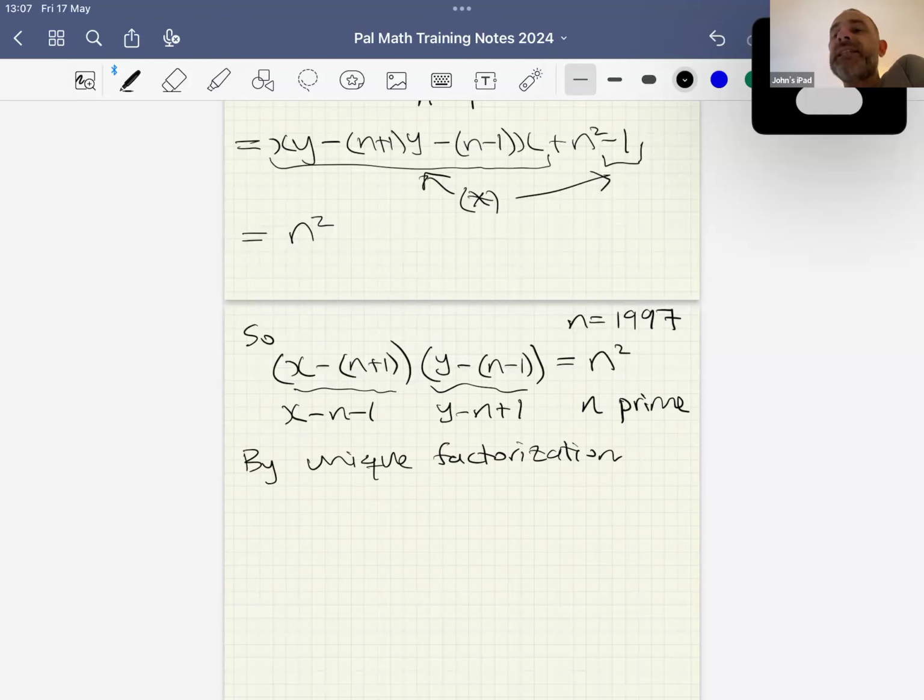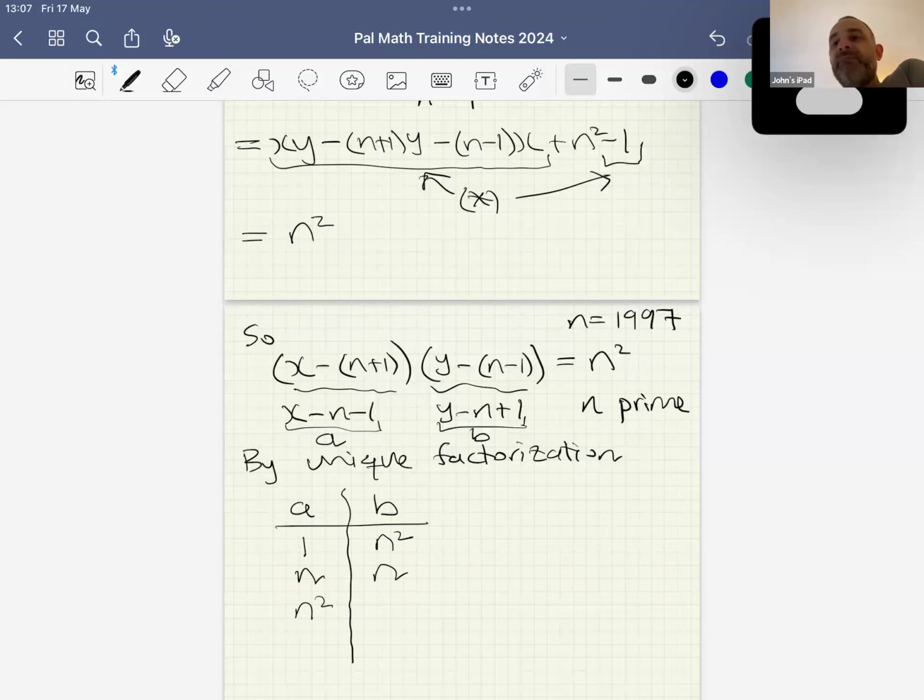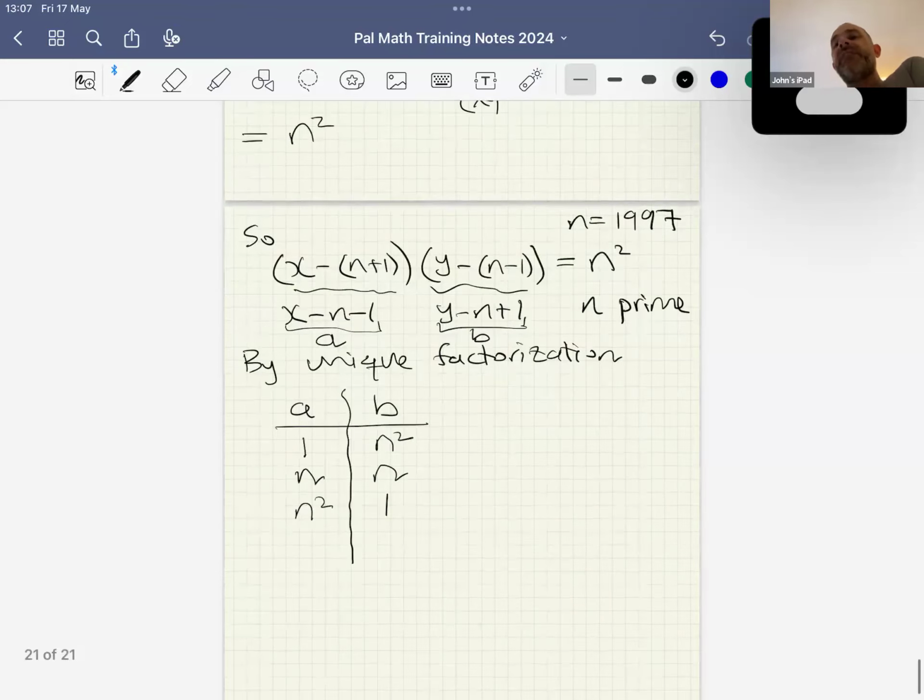I'm going to call this A, and this is B. So A and B are factors of n squared, and n is prime. So A could be 1, in which case B is n squared. Or A could be n, in which case B is n. Or A could be n squared, and then B is 1. And then we can also have plus or minus. So I'll say plus or minus A, plus or minus B.